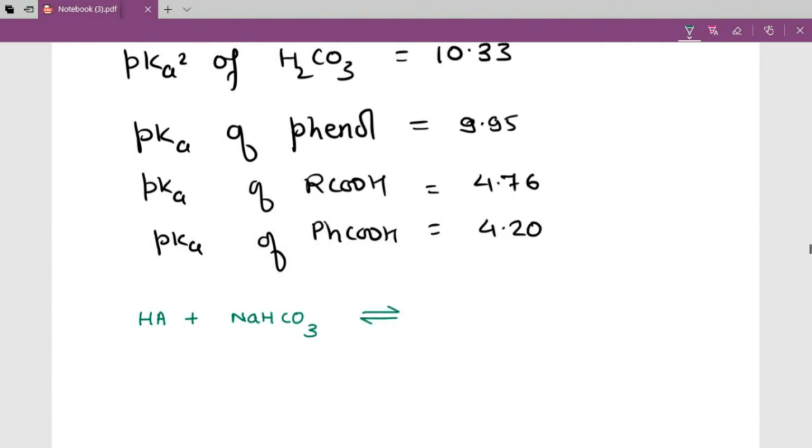Then a possible reaction is formation of NaA plus H2CO3. H2CO3 being unstable will release CO2. So basically, when they ask whether CO2 will be released or not, the basic question is still the same: which of them will react with NaHCO3 and push the equilibrium forward towards H2CO3.